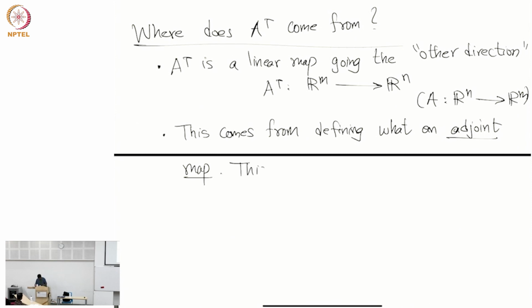This definition can be generalized, and I'm not going to tell you what it means to be generalized, but you can generalize it to infinite dimensional vector spaces, and we'll just leave it there.